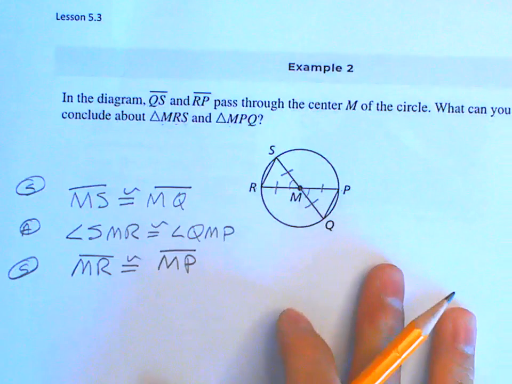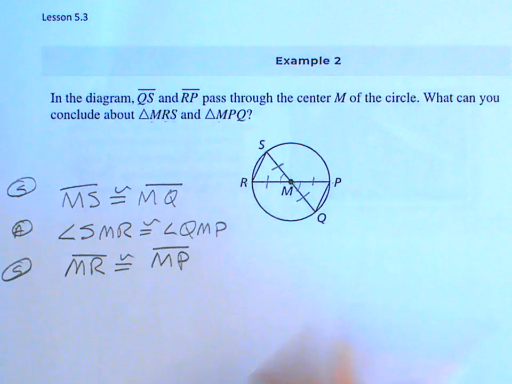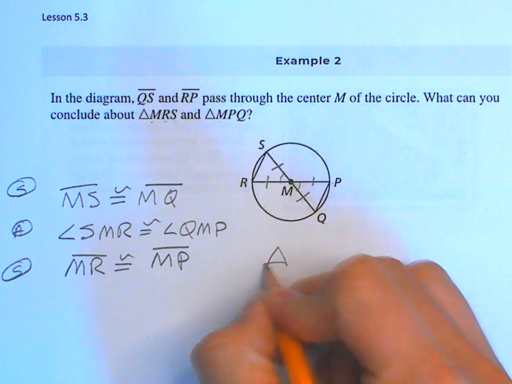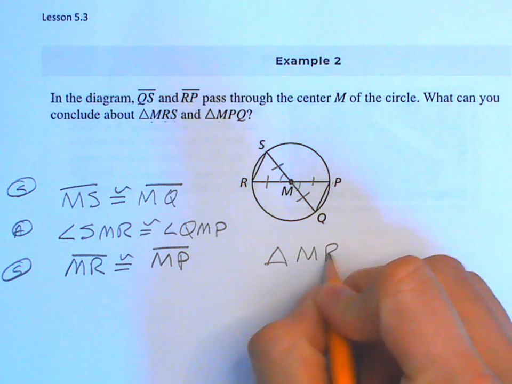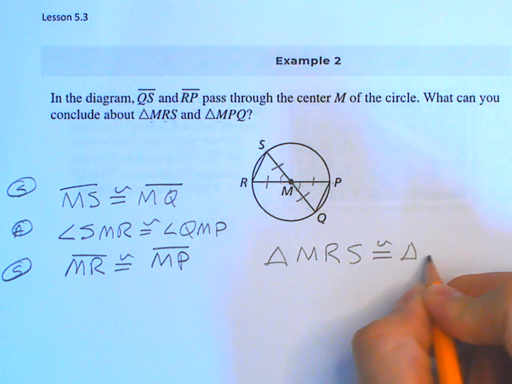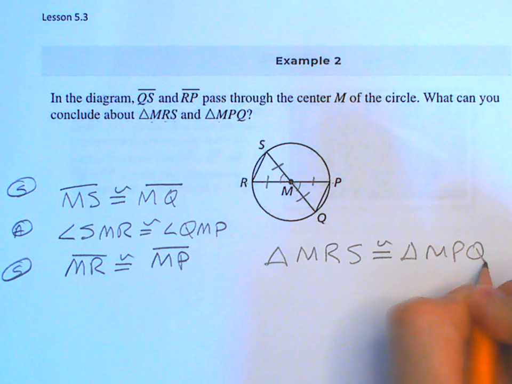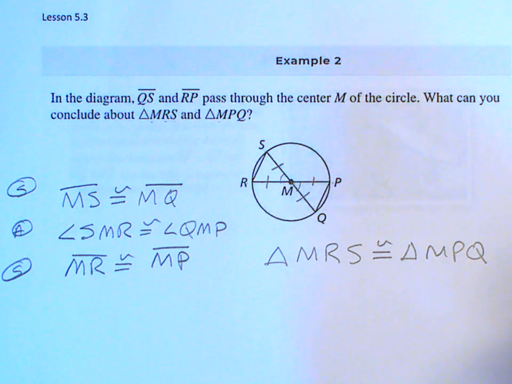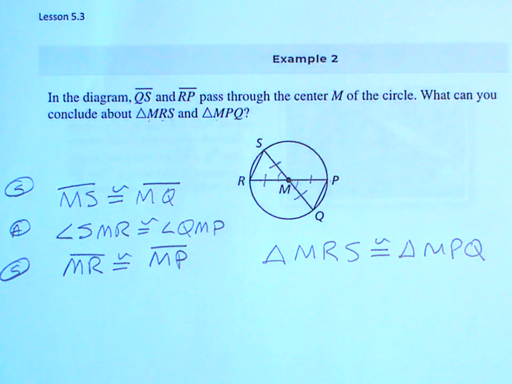All right, so therefore, I can now state that triangle MRS is congruent to triangle MPQ. Now, this is not a proof, but I can easily turn this into one if I wanted to. And that's example number 2.